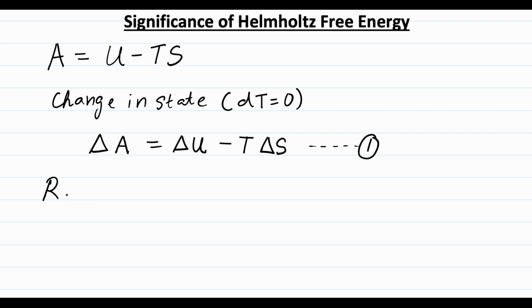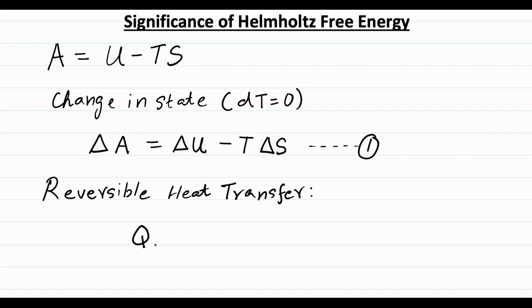If we take reversible heat transfer, from the definition of entropy for a reversible process, we can write the reversible heat transfer Q, with a subscript REV, as equal to temperature times change in entropy. And we are going to call this equation 2.